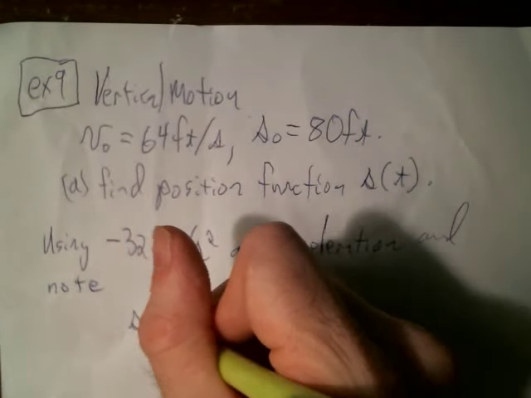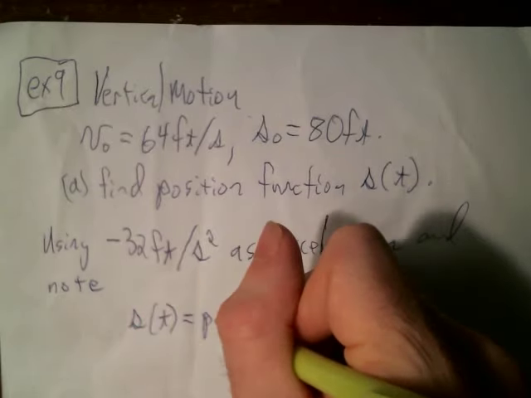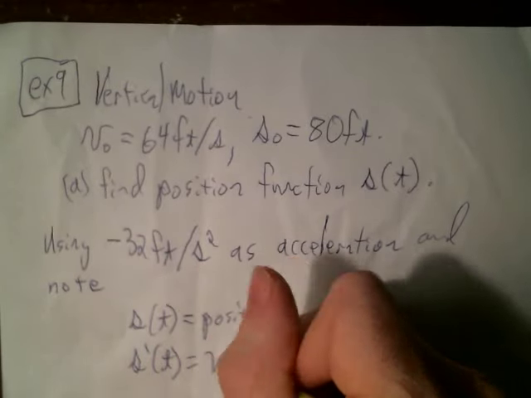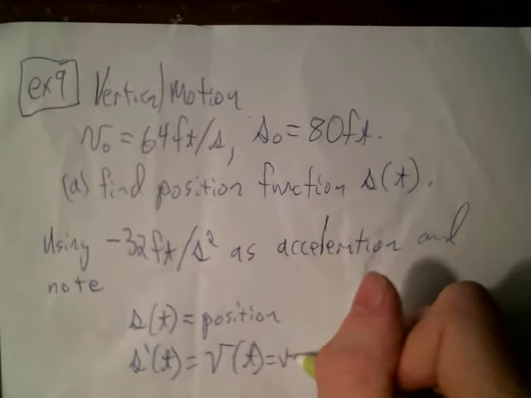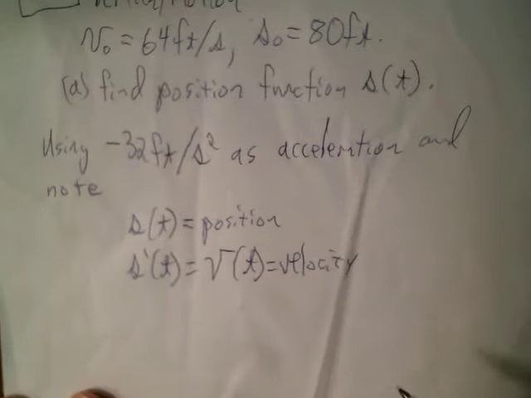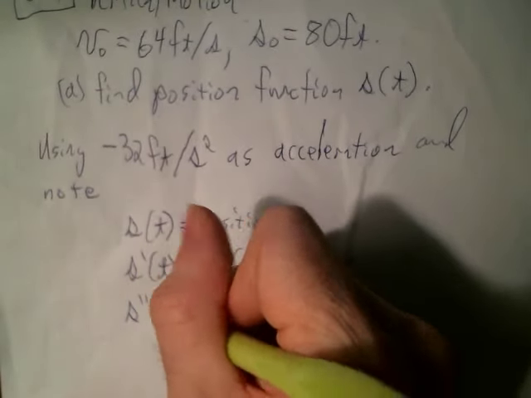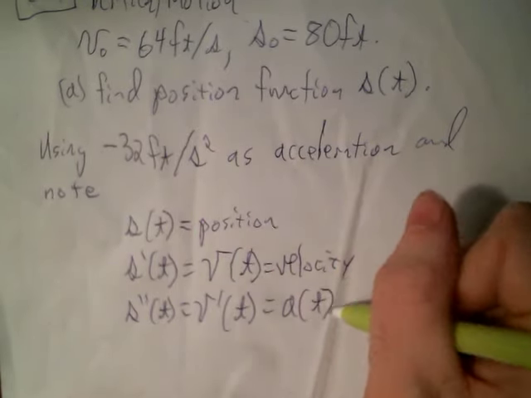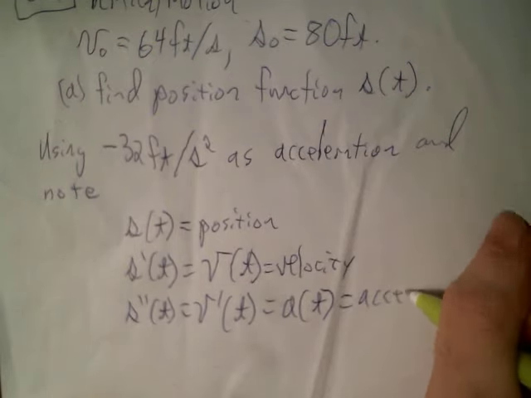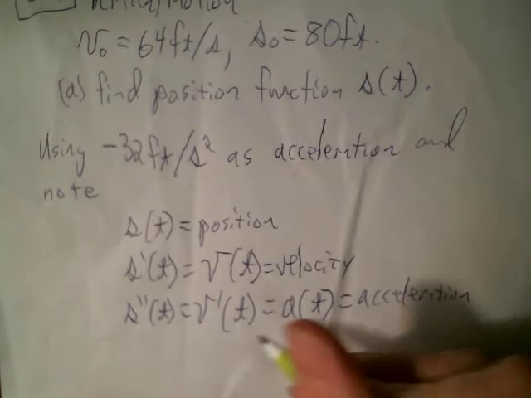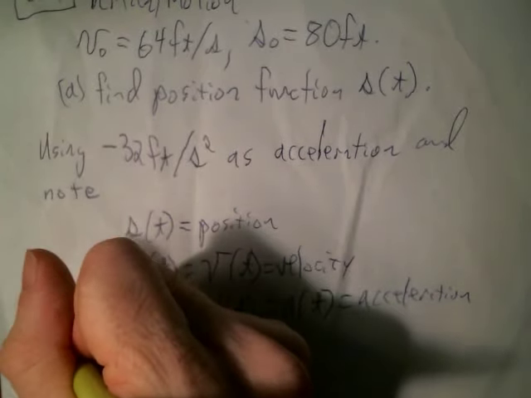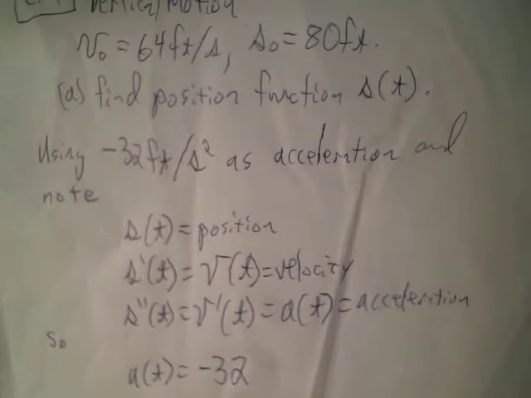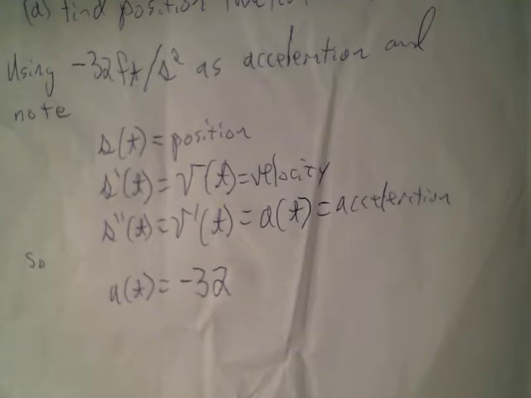So s of t is the position function. s prime of t would be your velocity function. And then s double prime of t, which of course equals v prime of t, is the acceleration function. And for us, we're going to let acceleration be a constant, negative 32 feet per second squared.